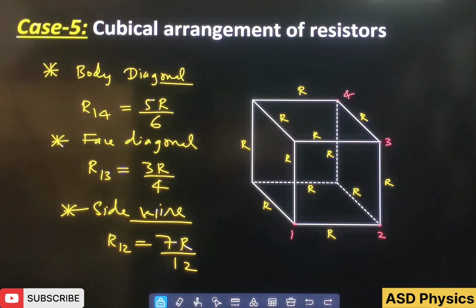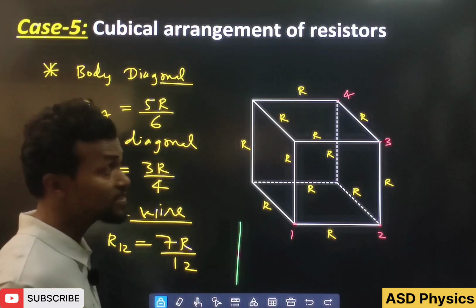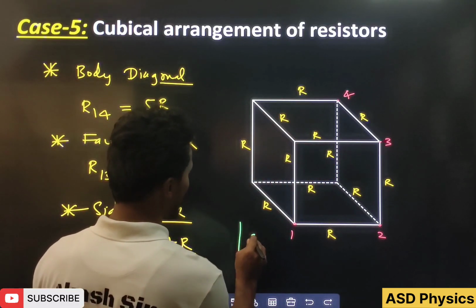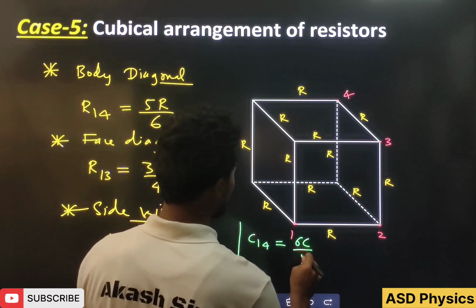Please remember that. You can cross-check also, but from my point of view, I think I have written it perfectly correct. And remember one more thing, students: if this is a capacitor instead of resistors, the situation will be somewhat changed. C14 is going to be 6C by 5.